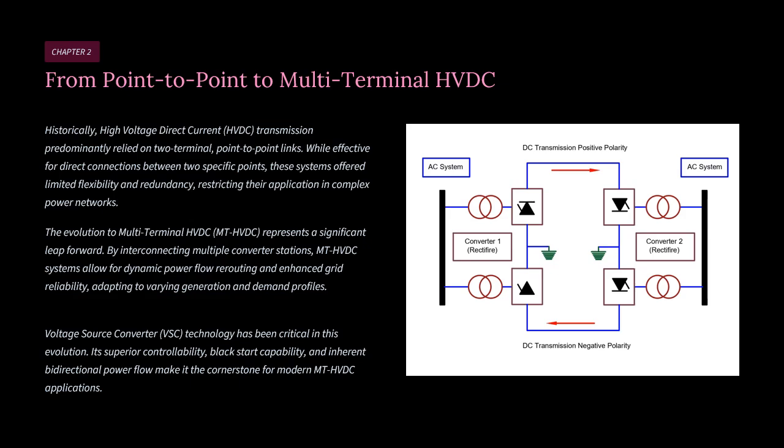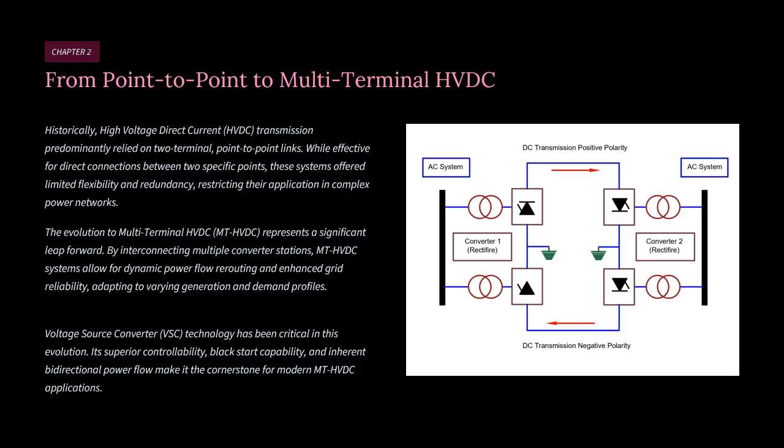From point-to-point to multi-terminal HVDC, on the right side we can see the diagram of HVDC transmission systems with converter 1 and converter 2 acting as rectifier and inverter. There are a total of 5 types of HVDC transmission systems: monopolar, homopolar, bipolar, back-to-back, and multi-terminal HVDC system.